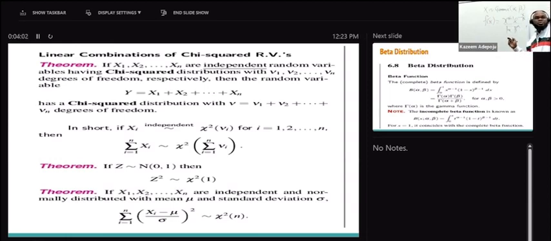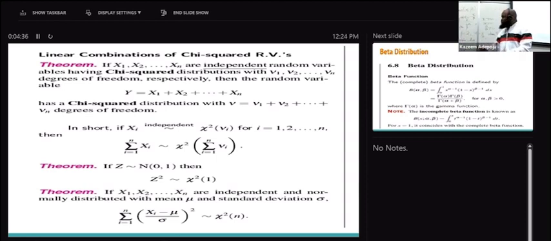But let me tell you the situation where, if I let beta be equal to 2, and I let alpha be equal to v over 2, where v is degree of freedom, then a new distribution is formed. And that very distribution was called chi-square distribution.